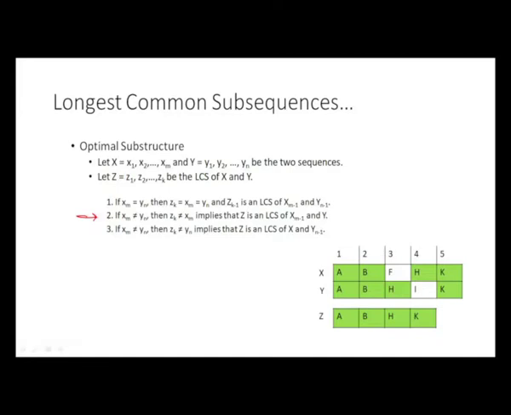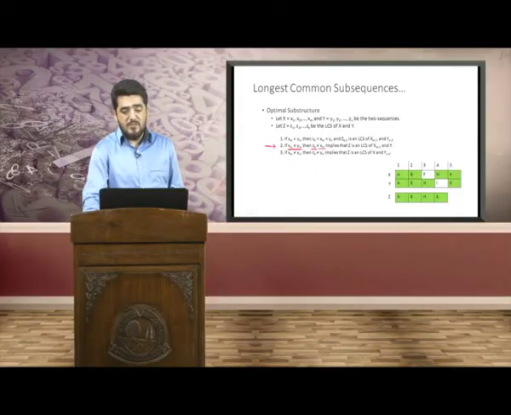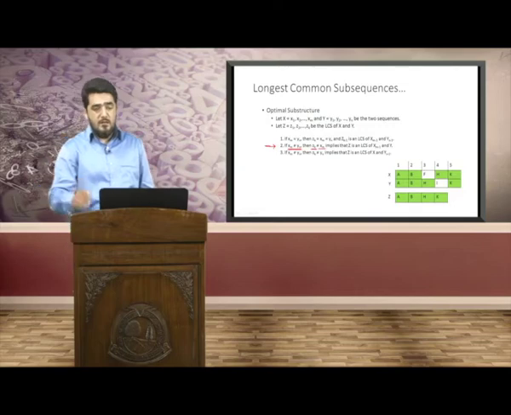Now the case is that the last characters of the two input sequences do not match, and the last character of our longest common subsequence does not match one of the input sequences. It means that the longest common subsequence of x and y is basically the longest common subsequence of x minus one character and y.